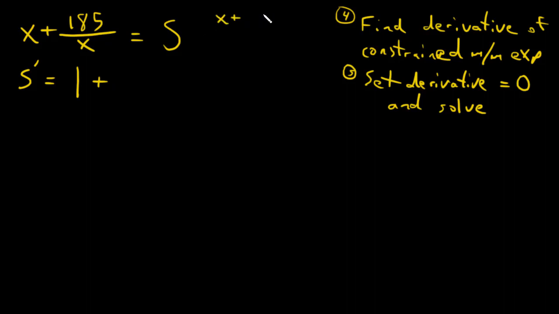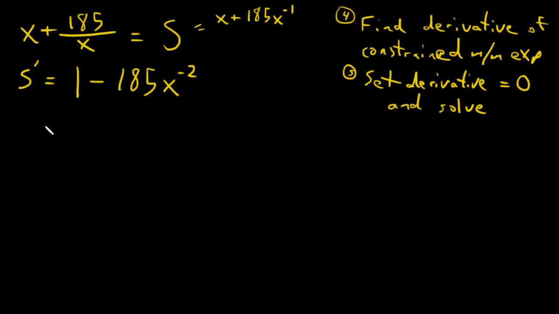as x plus 185 times x to the negative first, right? So 1, and then that's going to be a minus 185 times x to the negative second power.